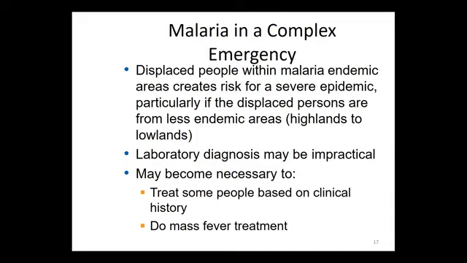Malaria and complex emergencies. Displaced people within malaria endemic areas create a risk for a severe epidemic, particularly if the displaced persons are from a less endemic area, highlands to lowlands. Laboratory diagnosis may be impractical, and it may become necessary to treat some people based on clinical history and do mass fever treatment.